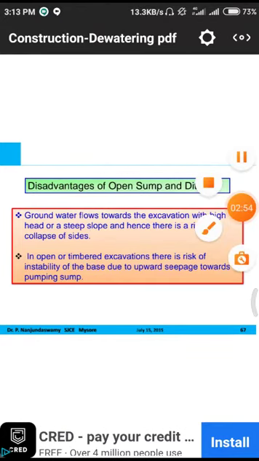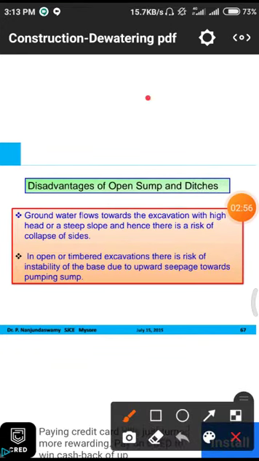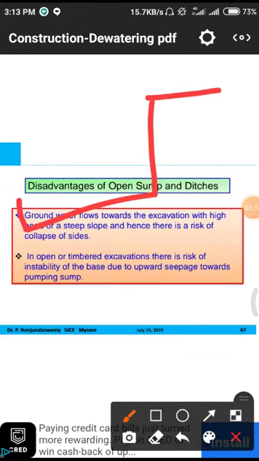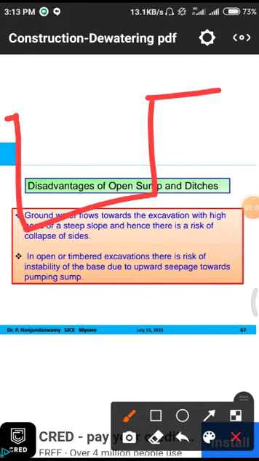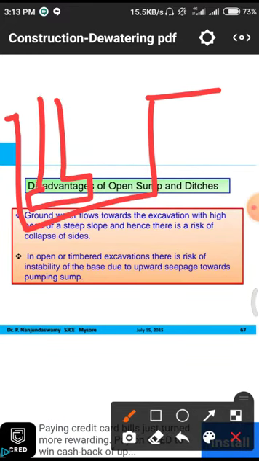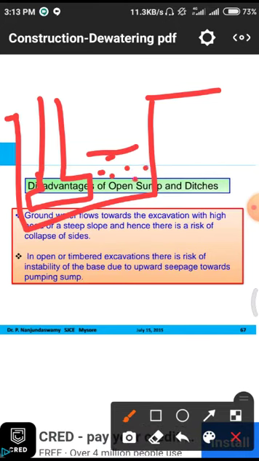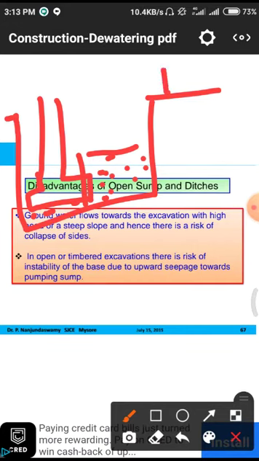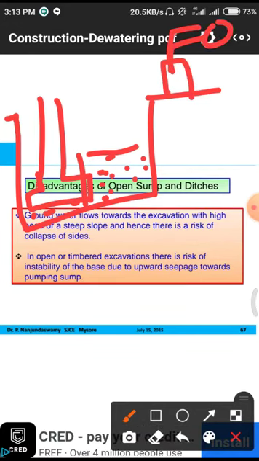I will explain. This is the total site. In this particular site, we have to construct these foundations. Up to this mark we have the water. This is the pump house. From this pump house, we remove the water.